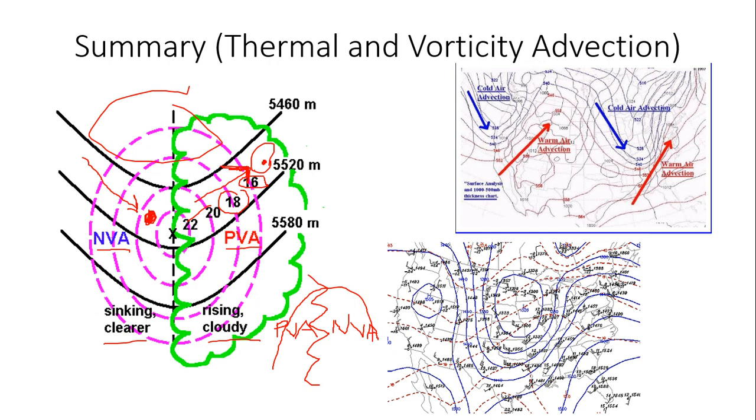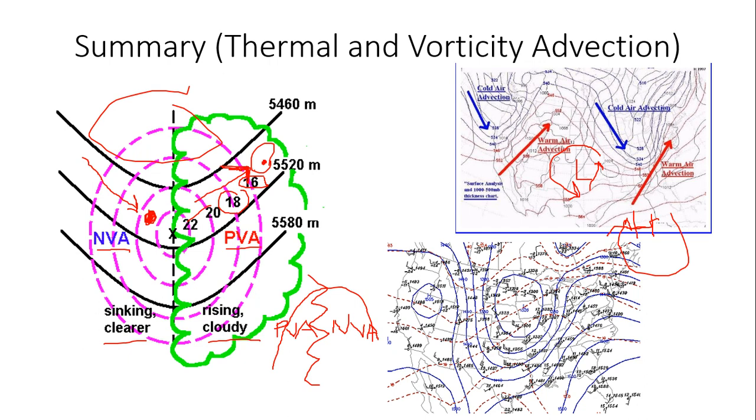Then you'd want to analyze the pressure system features. Low pressure generally has counterclockwise winds in the northern hemisphere. High pressure generally has clockwise flowing winds around it. The 1,000 to 500 millibar thickness chart is a very handy tool, and I talked about it in my How to Read and Interpret the Basic Weather Charts video, so take a look at that one.